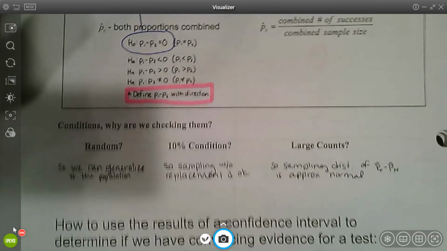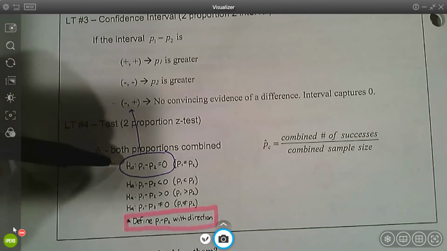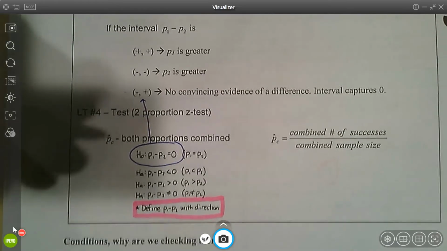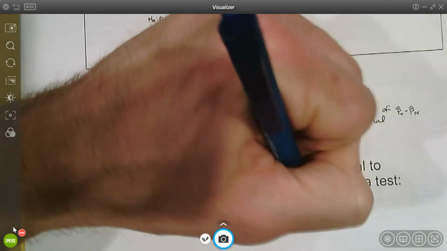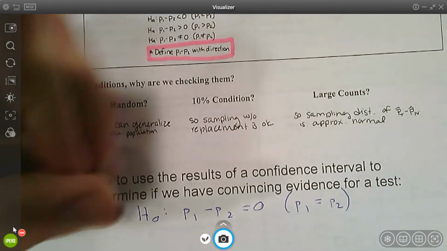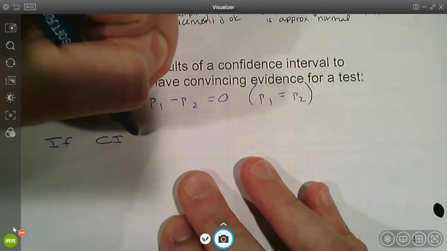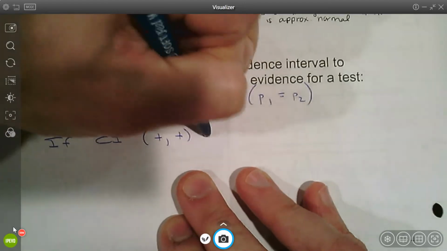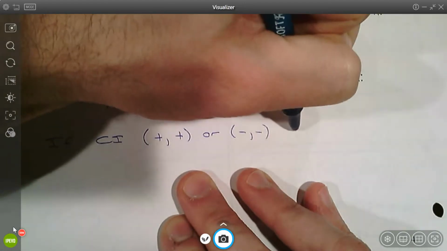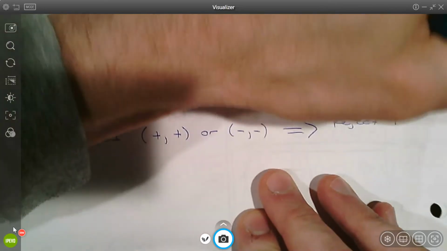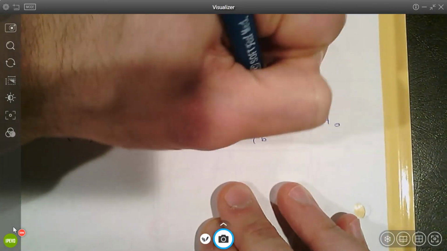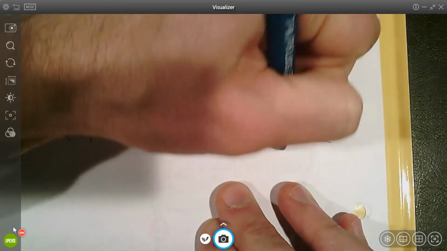So, taking what we talked about up here, how would you make a decision about a null hypothesis? If our null hypothesis is P1 minus P2 is equal to 0, essentially that means that the two proportions are equal. If our confidence interval is positive to positive or negative to negative, that implies we reject the null because 0 is not included.